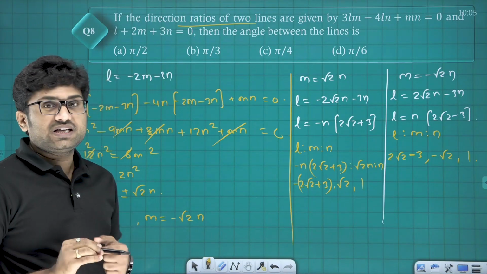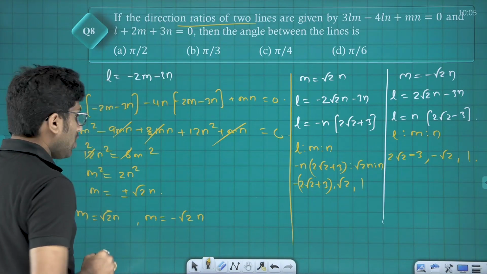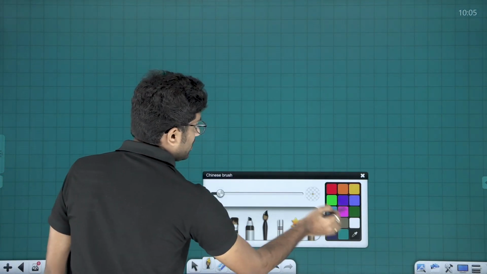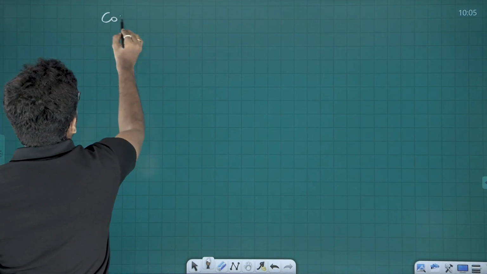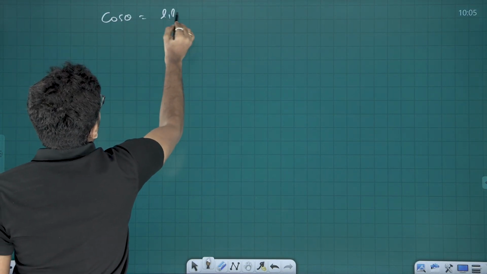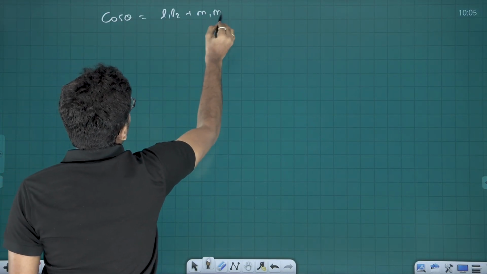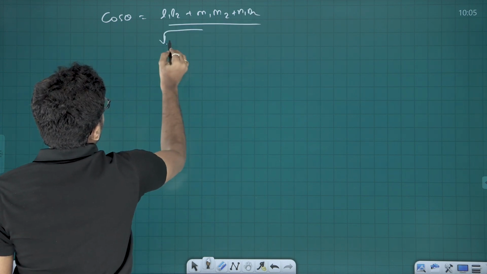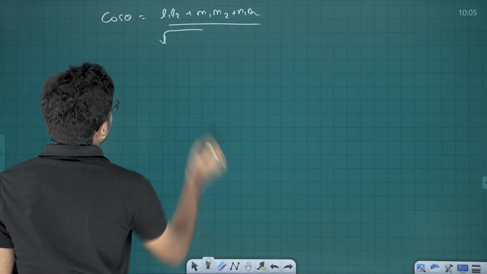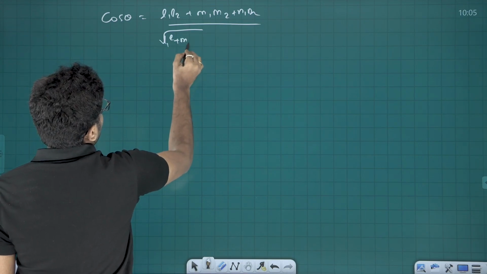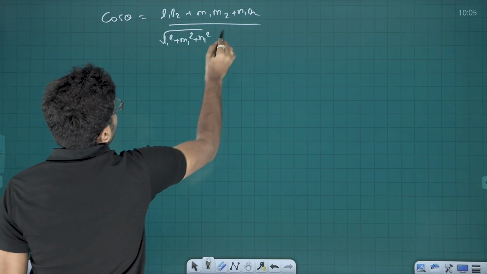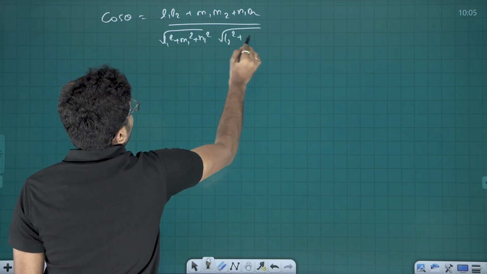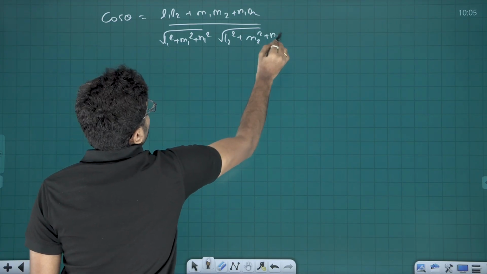So now the angle between them is nothing but cos theta is equals to l1 l2 plus m1 m2 plus n1 n2 divided by square root of l1 square plus m1 square plus n1 square into root l2 square plus m2 square plus n2 square.